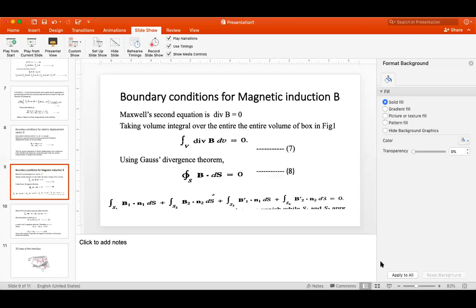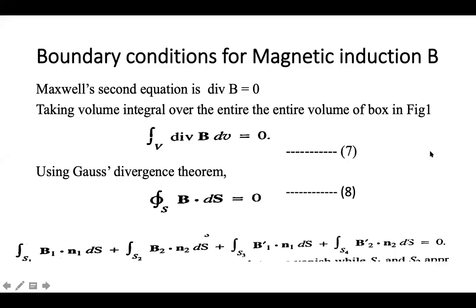Now I'll explain in the same way how we can derive the values for B. Let us see whether B is continuous or discontinuous at the interface. Now look at this. We'll use the same Maxwell's equation.